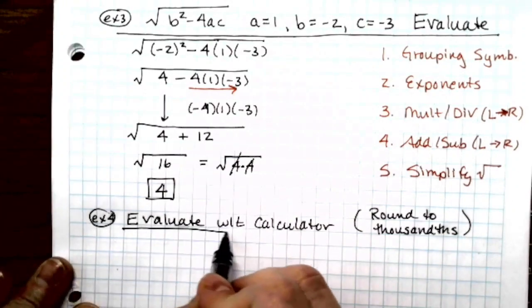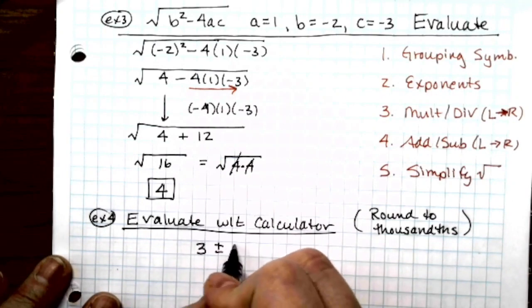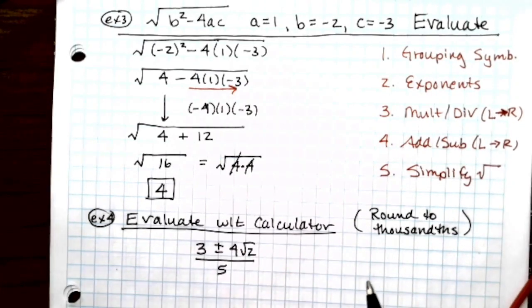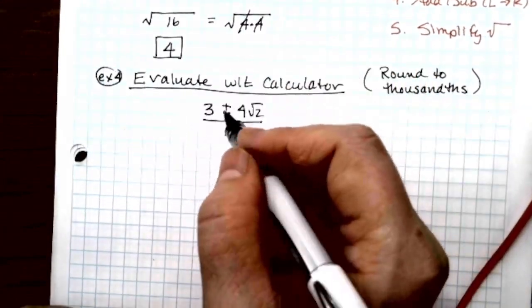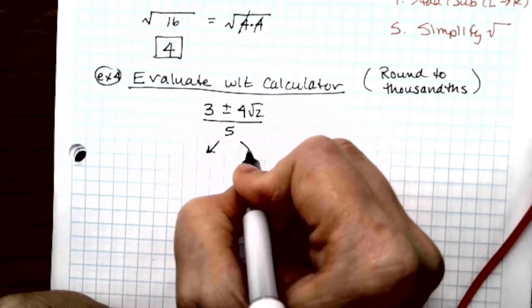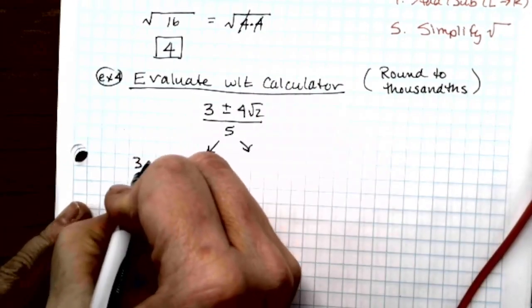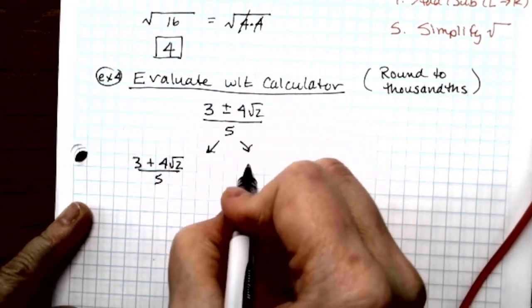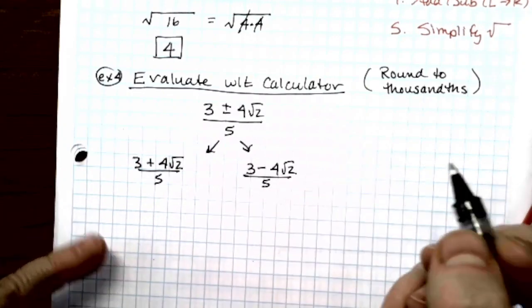And then they're going to give you an expression that's got a plus minus in it. 3 plus minus 4 radical 2 all over 5. Okay, so the way you evaluate something with a plus minus is you start by splitting it, 1 for the plus and 1 for the minus. So over here we have 3 plus 4 radical 2 over 5. Over here we have 3 minus 4 radical 2 over 5.